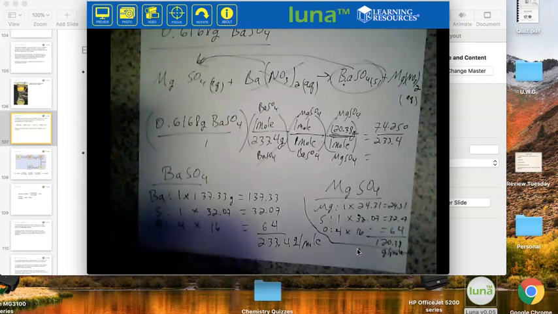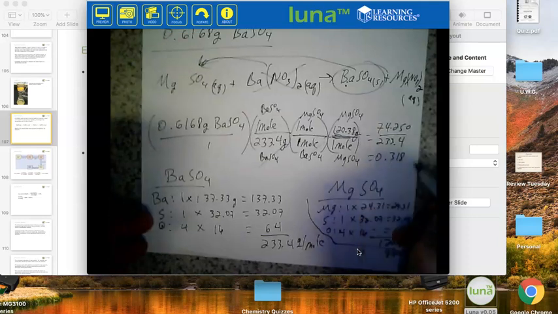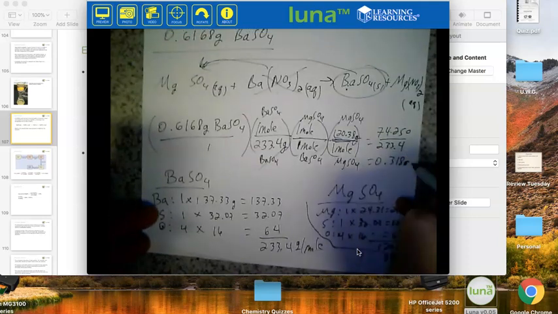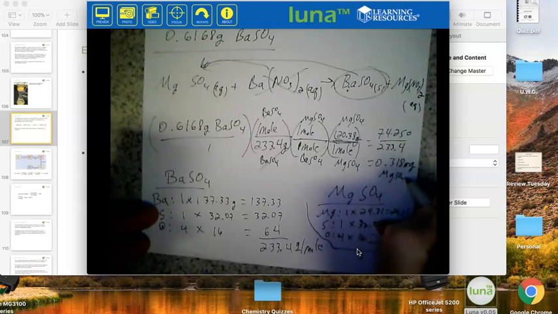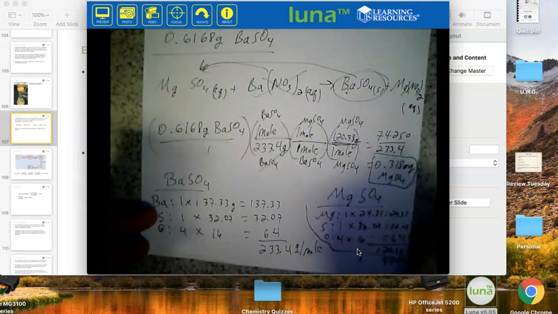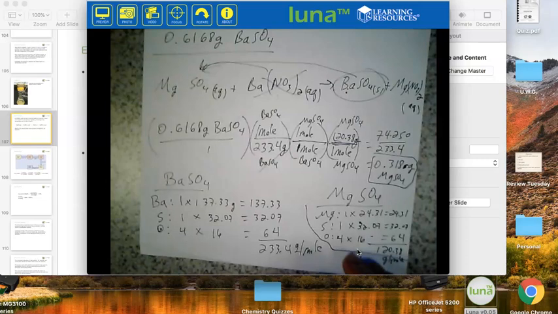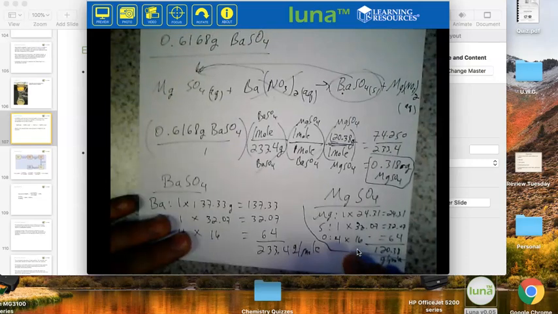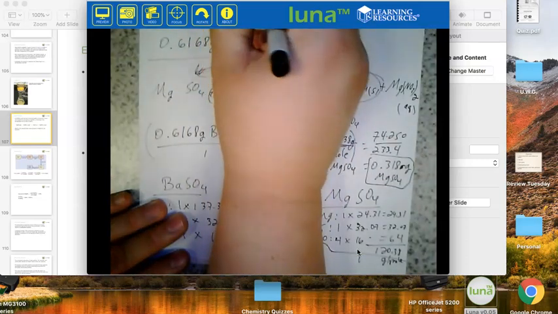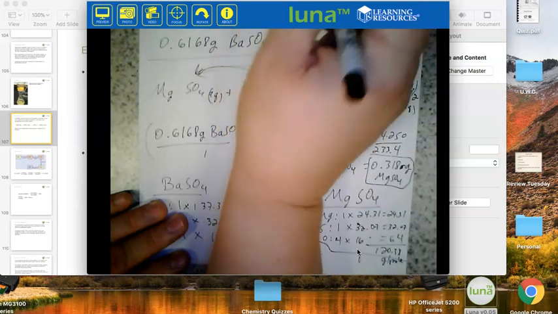And I get 0.318, and that's grams of magnesium sulfate. Okay, 0.318 grams. So that needs to go right here, 0.318 grams.